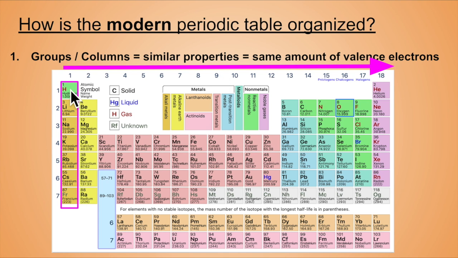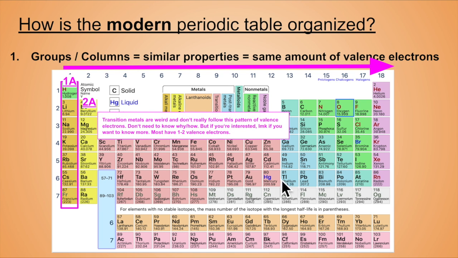So your book and a lot of other periodic tables put another group number above each column. Here we see 1A. Your book uses 1A. The A groups signify how many valence electrons they have. So this group has 1 valence electron. This group has 2 valence electrons.